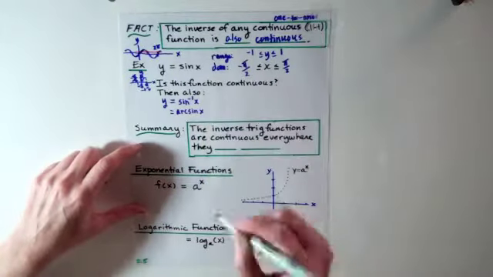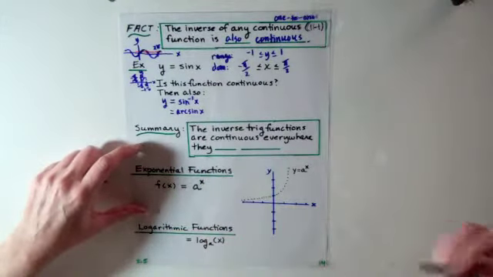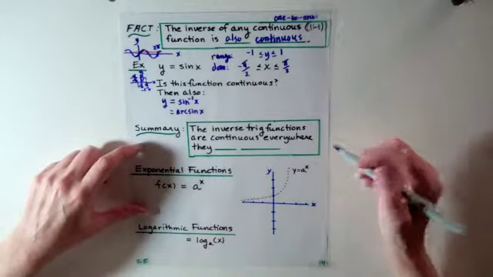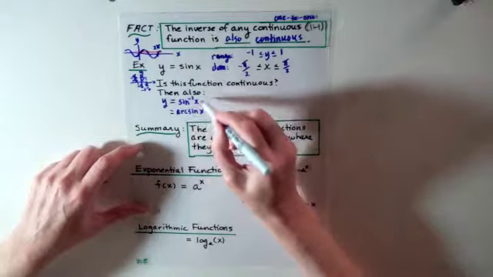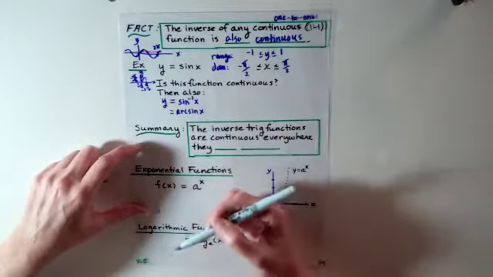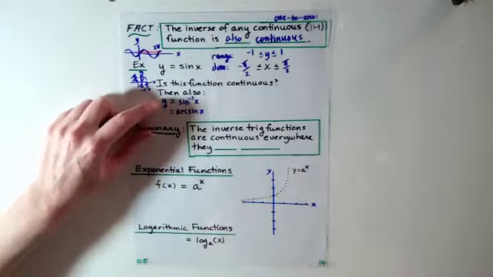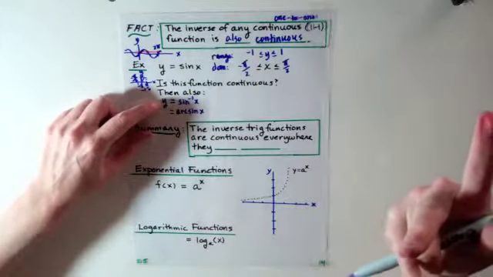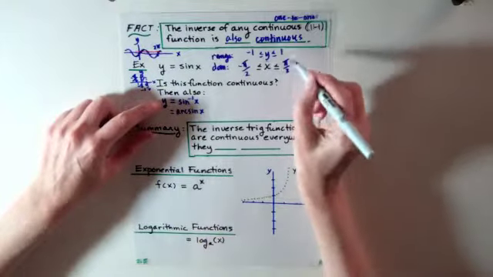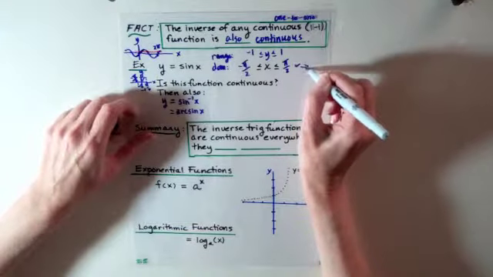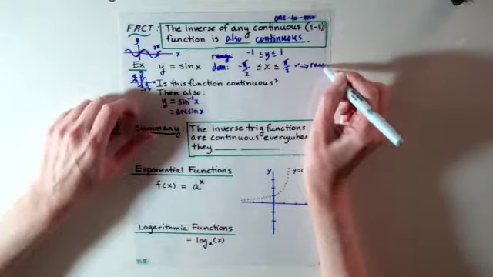Those are just two different names for the identical function. They're just different ones that different people use. Most of the time now we use the inverse sine notation. And remember that because the inverse function is found by interchanging the roles of x and y, whatever was the domain of your original function becomes the range of the inverse.